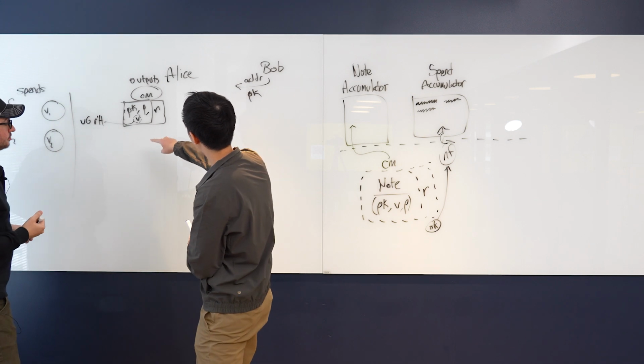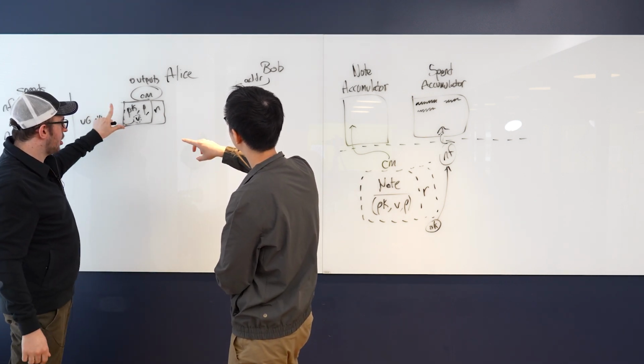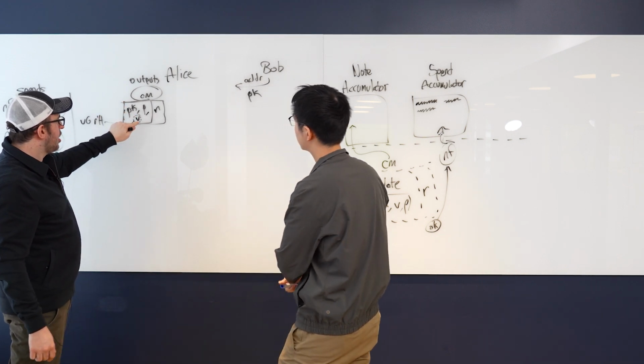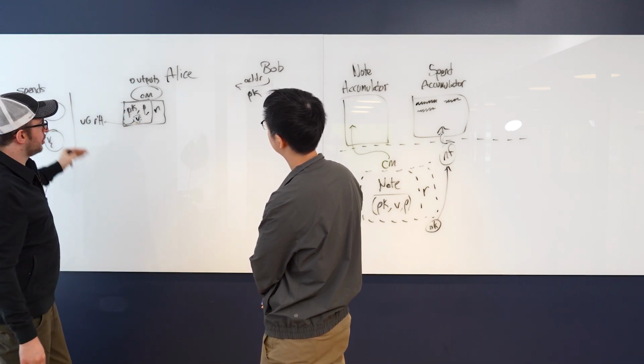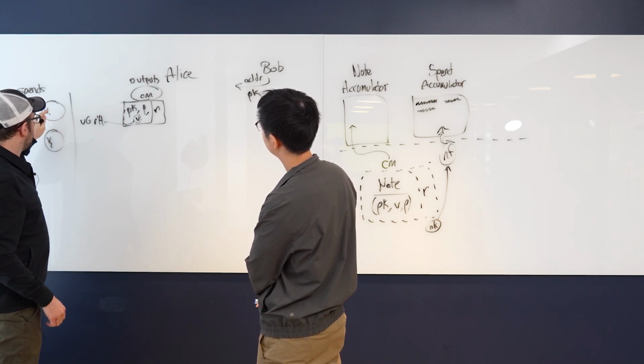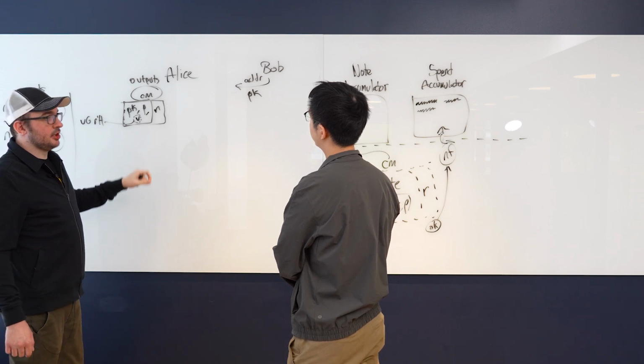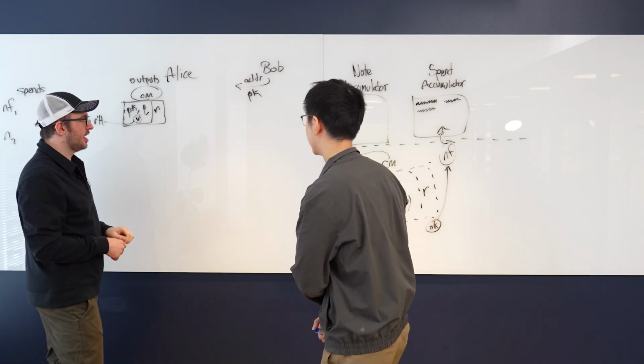So the v is separate from the commitment, or v is the commitment? v is part of the node, which is part of what's committed to. We expose v because we're going to have multiple outputs and multiple spends in a transaction. We need to make sure that the sum of the spends minus the sum of the outputs is 0, or the residual fee, whatever.